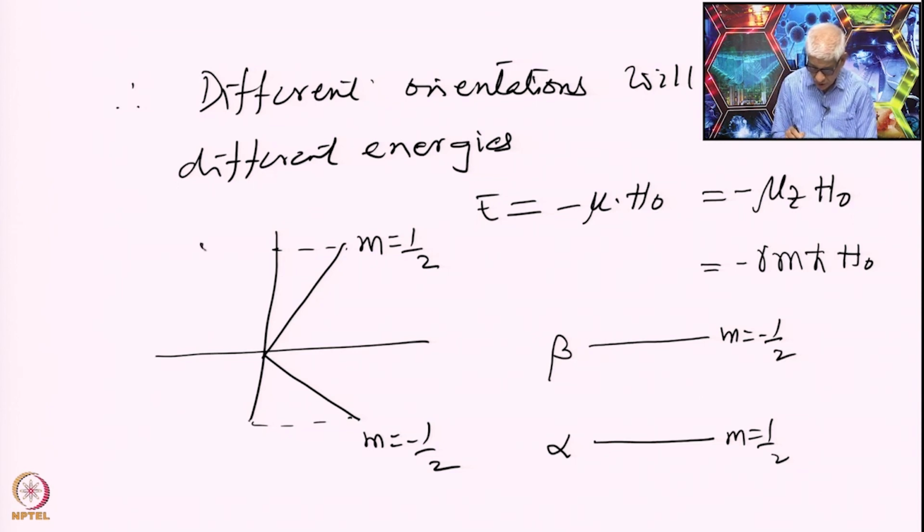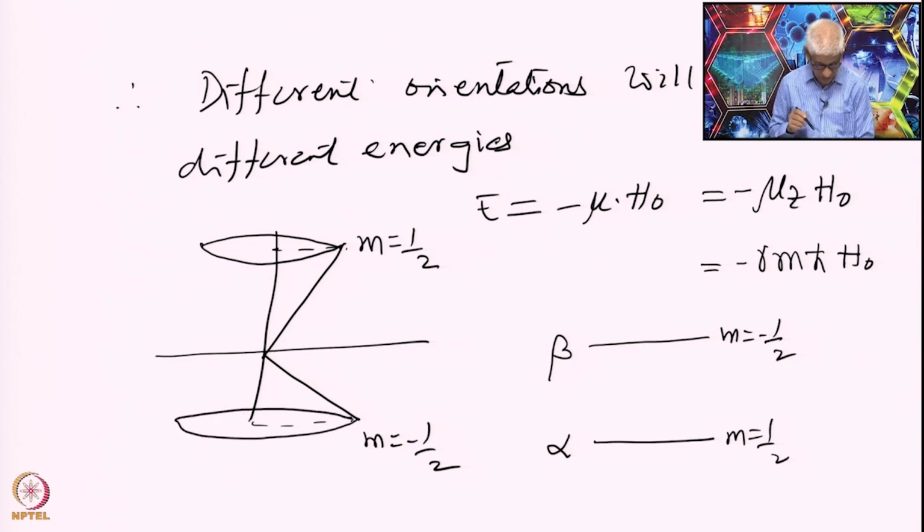Suppose I were to draw a cone here like that. I draw a cone here, similarly I draw a cone here, and now I can draw these angular momentum vectors here, here, here, here, here, anywhere on the surface of the cone.